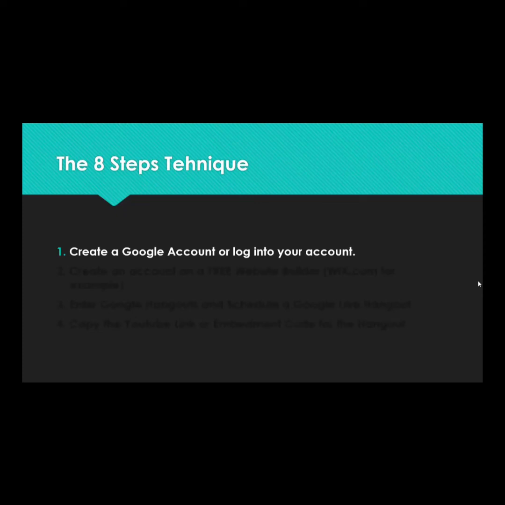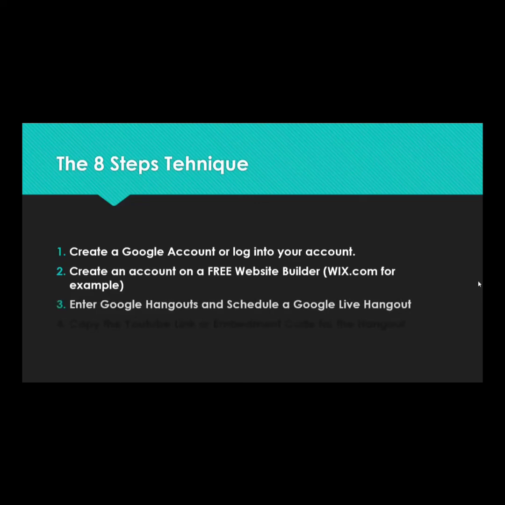You also have access to Google Drive and all the apps that Google has at our disposal for using, okay. Then you need to create an account on a free website builder, and an example for that is wix.com, and I will show you exactly in a future video how to use that.